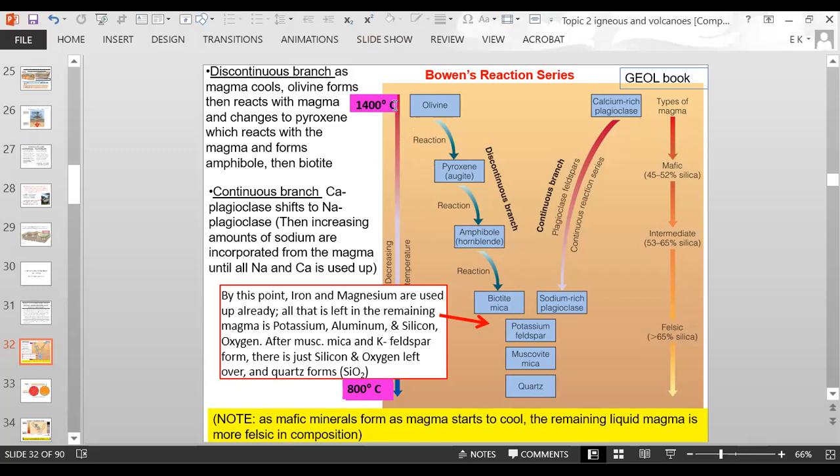Once it reaches this temperature here, the pyroxene will be able to form, but it's also related to a chemical reaction with the magma. As the magma cools, cooler and cooler, you're able to form more different types of minerals.